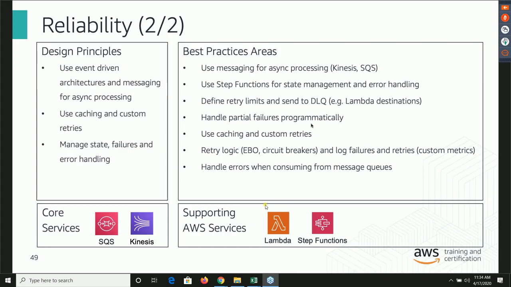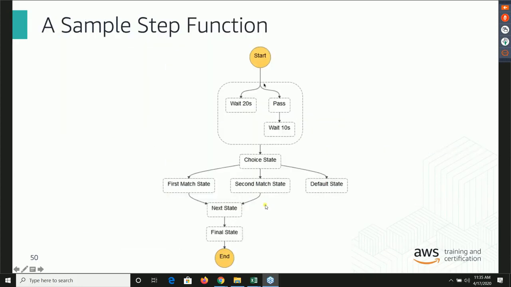Now, let me quickly show you what a step function would look like. Yeah, just right here. Step functions allow you to create multiple Lambda functions and then organize them in a workflow. As you can see, it's like a declarative Lambda.